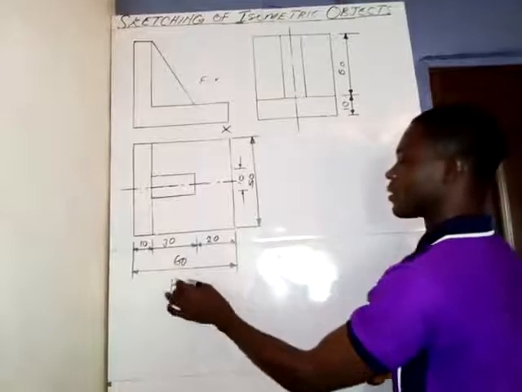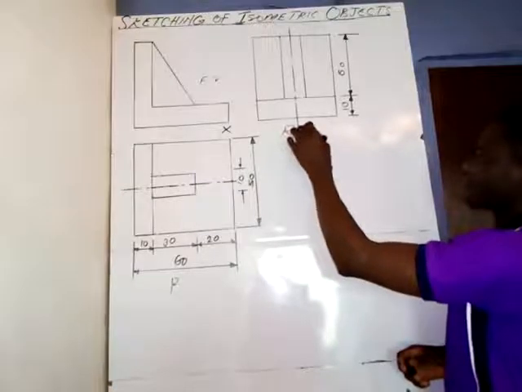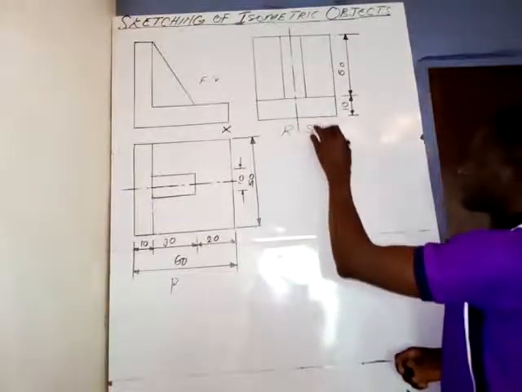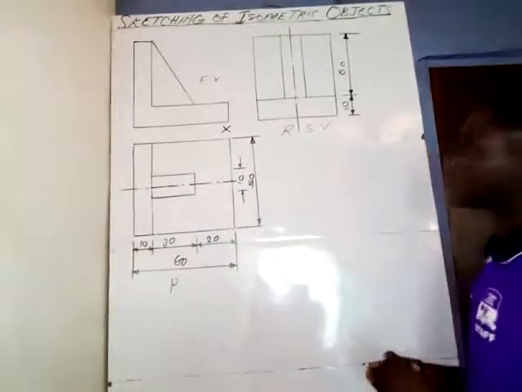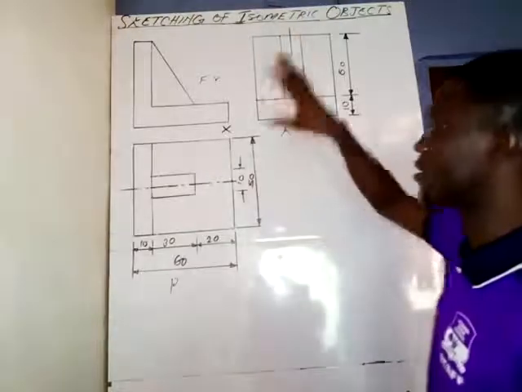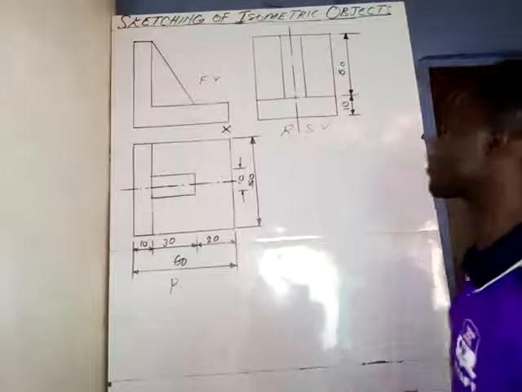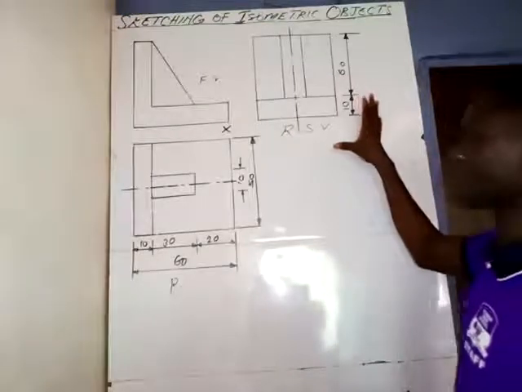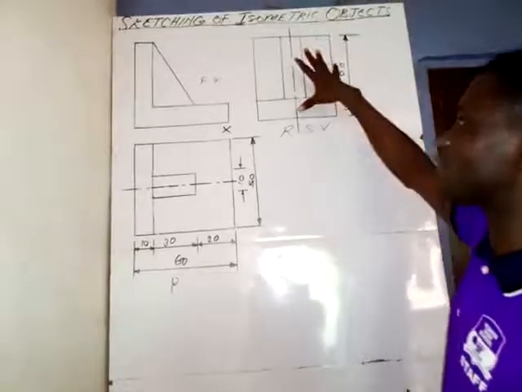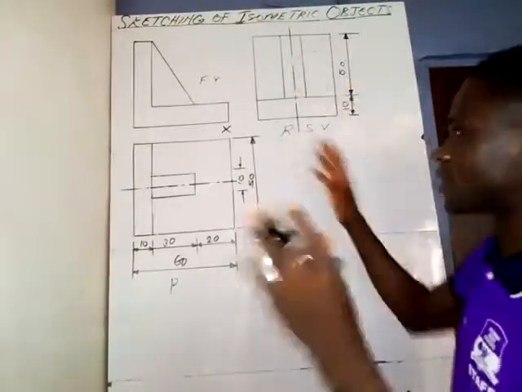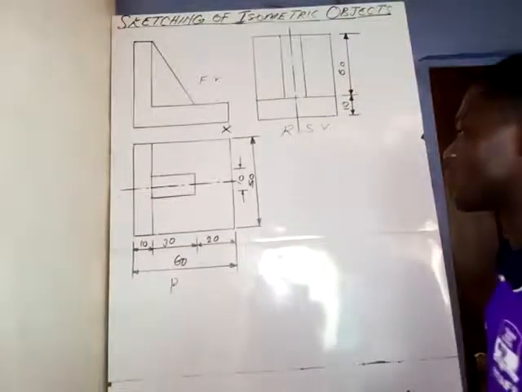This is the plan, and this is the right side view. They are supposed to be on the left side if it is properly drawn, but the front view and the plan are in their right positions, while this one is supposed to be at the back there. We are supposed to have the left end elevation on this side, but don't worry, the problem can still be solved, so you don't have to panic.